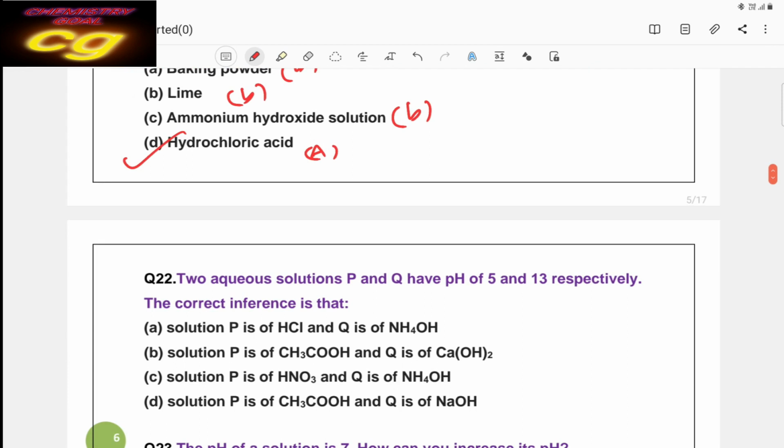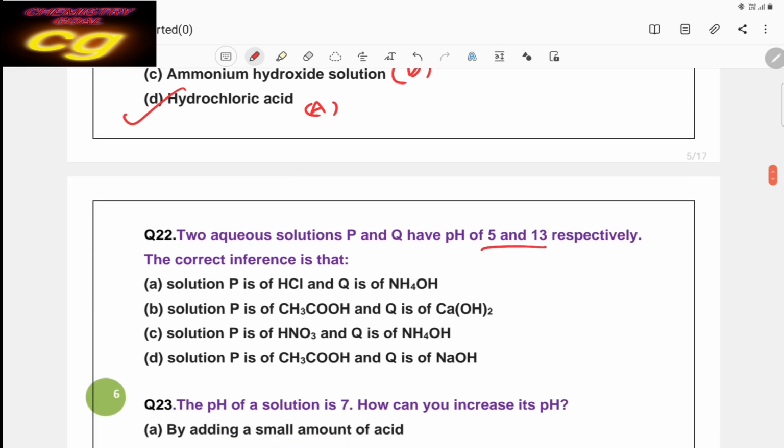Two aqueous solutions P and Q have pH 5 and 13. The correct inference is: solution P is hydrochloric acid, Q is ammonium hydroxide; here P is acetic acid, Q is calcium hydroxide; P is nitric acid, Q is ammonium hydroxide; here P is acetic acid, Q is sodium hydroxide, because 13 means highly basic.